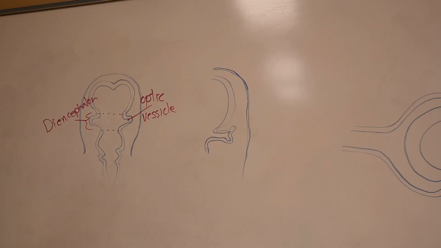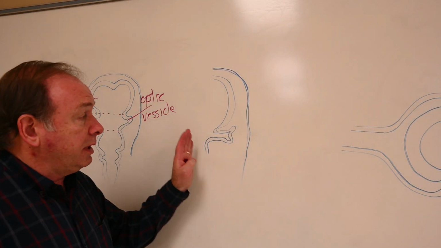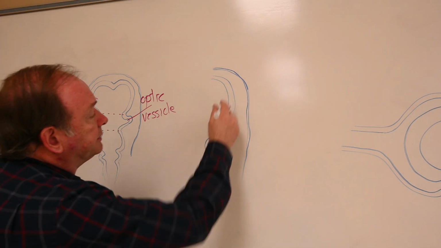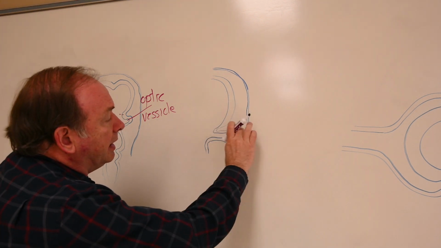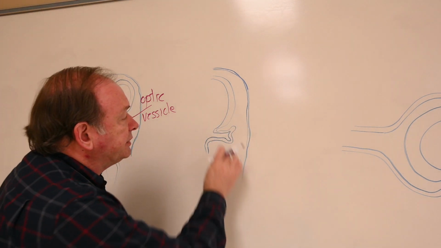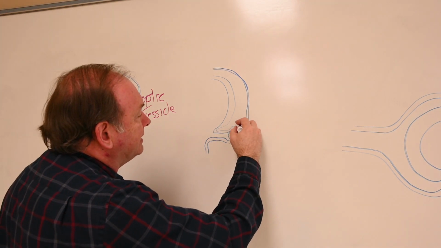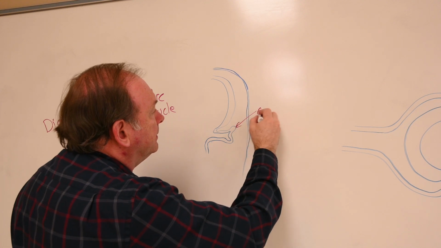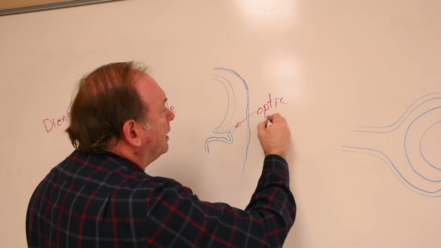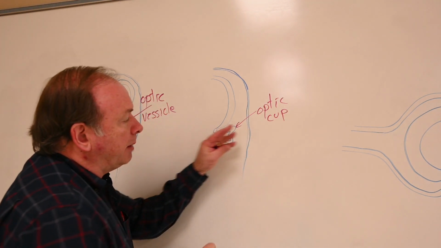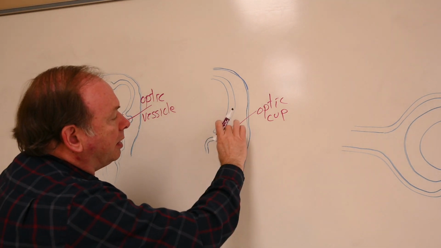In this picture, we just see the one side of the brain, the telencephalon here and diencephalon here, and the continued growth of that optic vesicle out to the side develops into what we're going to recognize as the optic cup. A little cup-like structure that grows out on this extension.